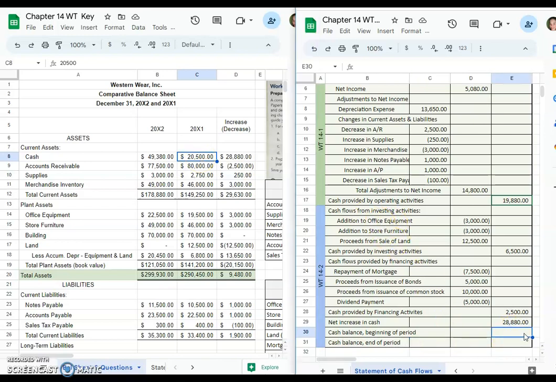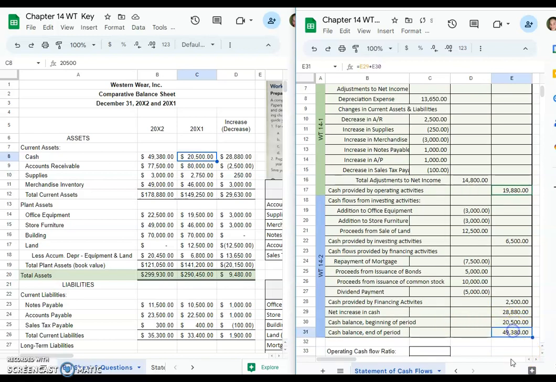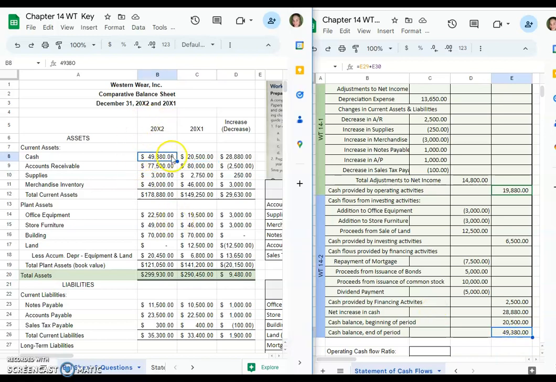So this one, we can just put in the $20,500. And was the ending period balance correct? Let's add these together. The increase in cash plus the beginning balance, $49,380. And that was the ending balance, $49,380. So our statement of cash flows works. It's in balance. If it didn't, we would have to find our errors, right?